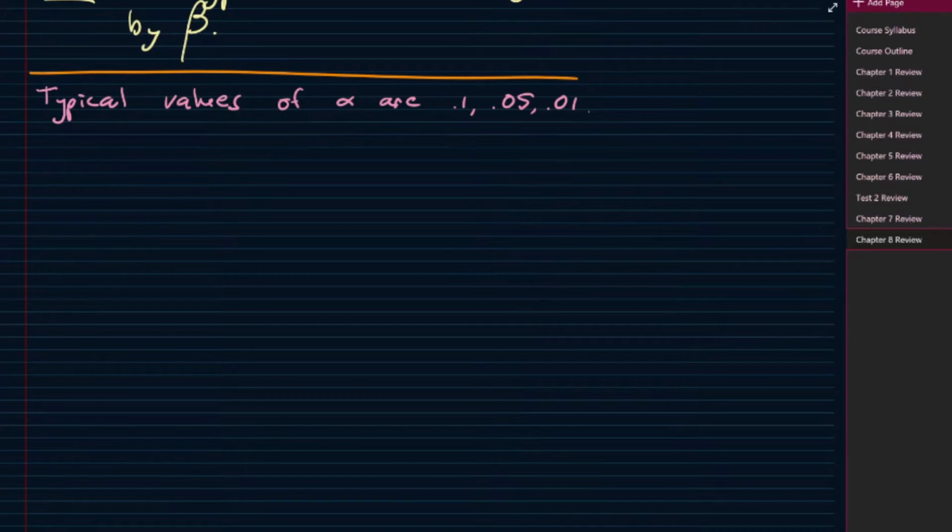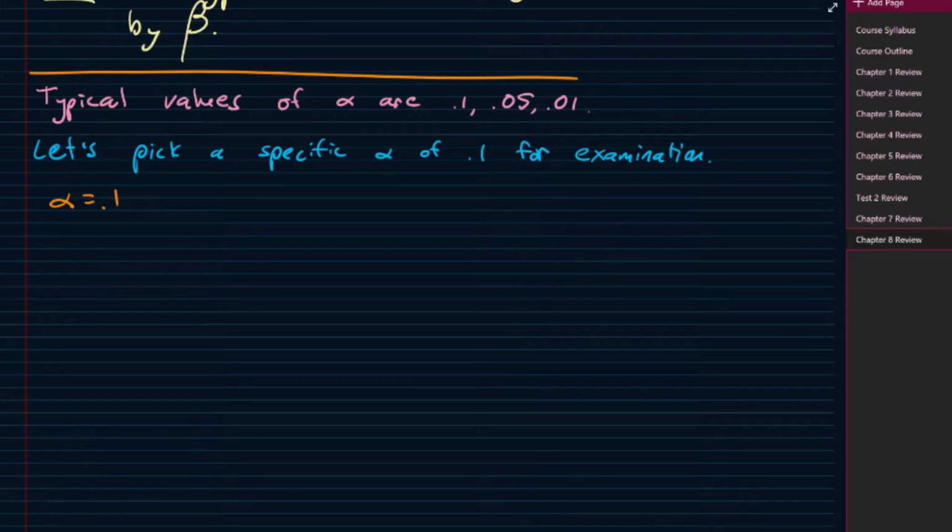Okay, sorry, I'm just trying to think of the best way to describe this. Let's just, for an example, we're going to assume that alpha is equal to 0.1 for the drawings that I'm putting here.